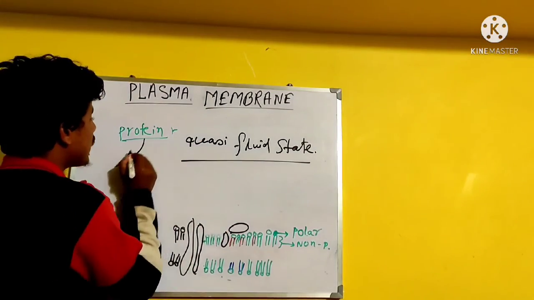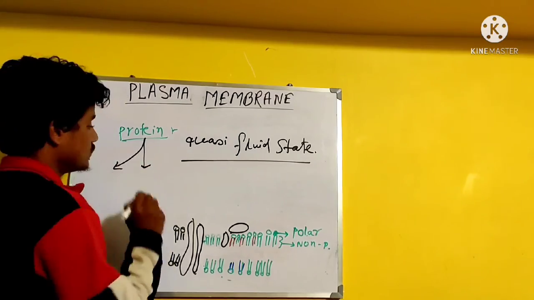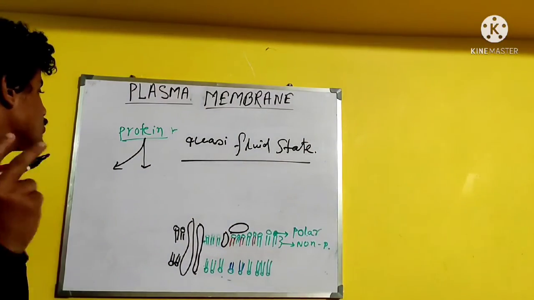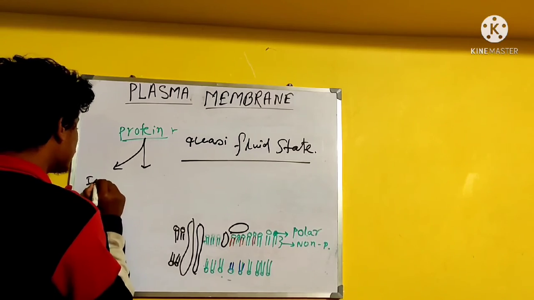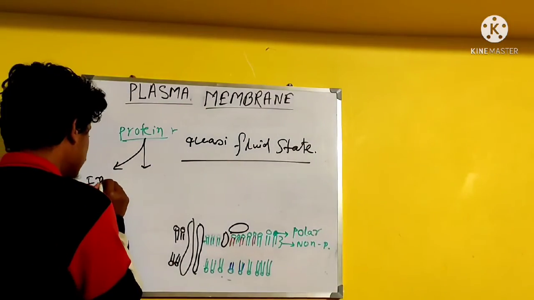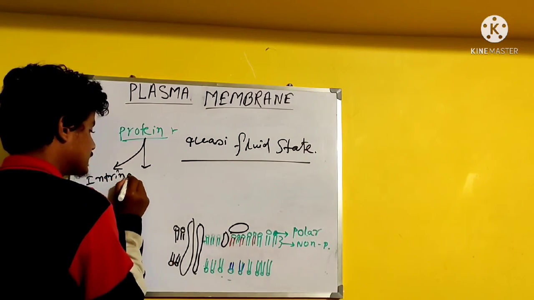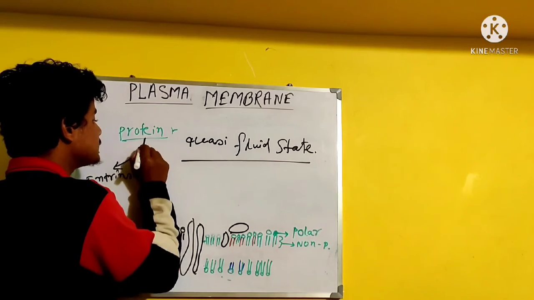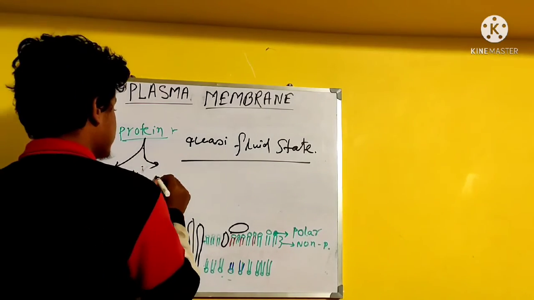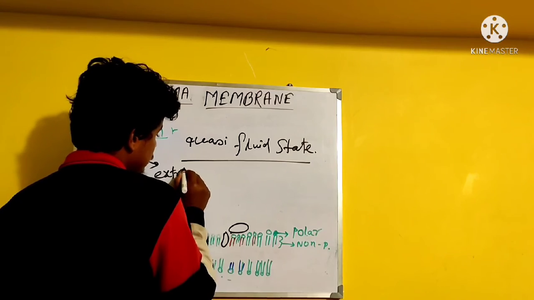These proteins are actually of two types. One is intrinsic protein or integral protein, and another is extrinsic protein.